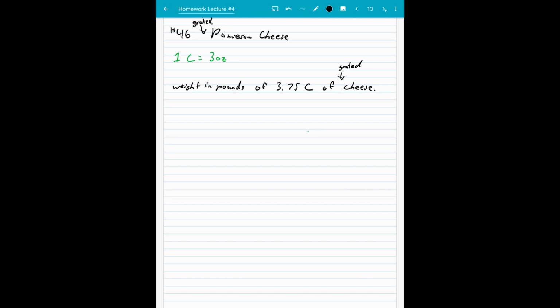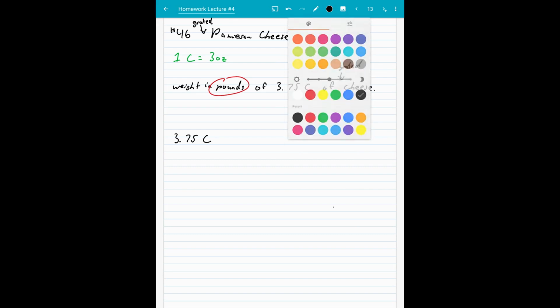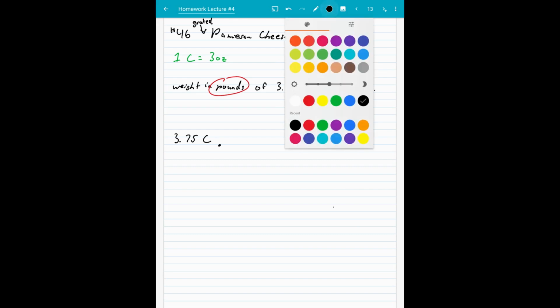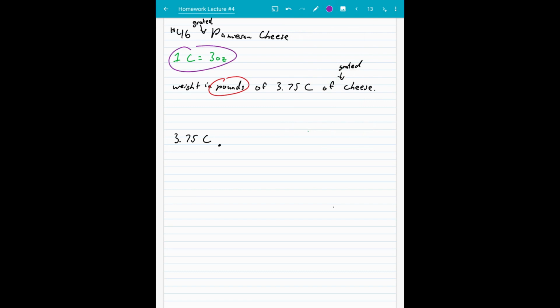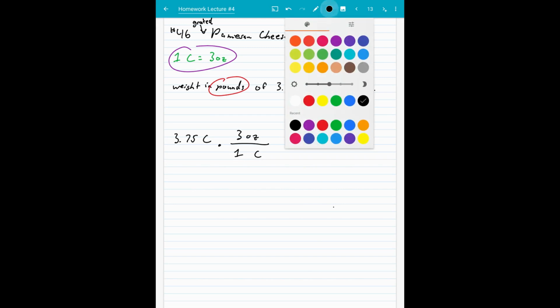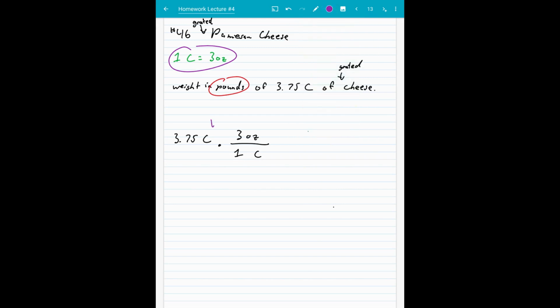So what is the weight of 3.75 cups? Start with your 3.75 cups. We need to get to pounds. Pounds is our result that we want. Cups is a current volume measurement. So we can actually go straight into our volume to weight conversion because we already have it in cups. So this could be 1 cup to 3 ounces. That would be your volume to weight conversion right there.